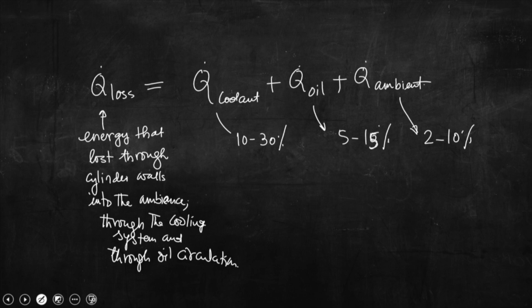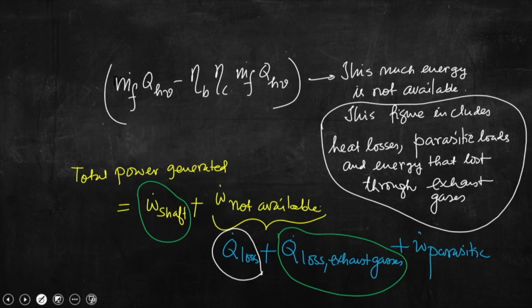So, this is basically the quantification. Now, if we look at it, this shaft work is available work, and what is not available has three components: Q dot loss, loss through exhaust gases, and W parasitic.